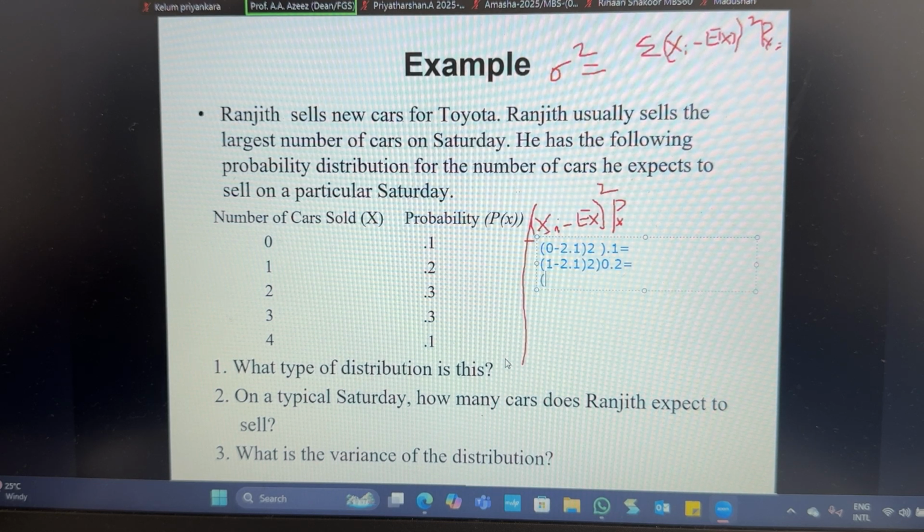The next one, 2 minus 2.1 squared into 0.3.